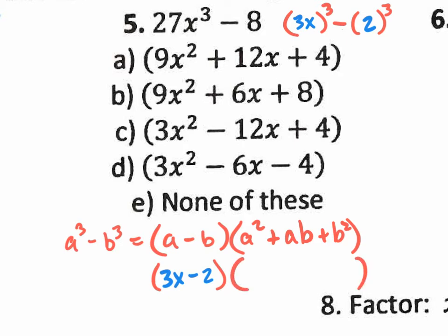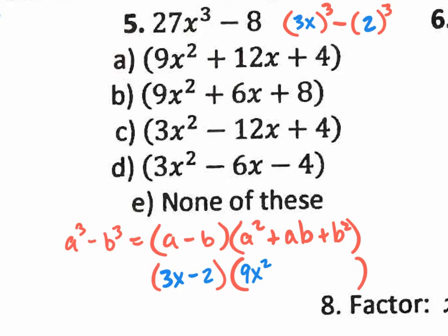Do you guys want to try to do this in our heads instead of doing it in parentheses? Okay, what would a in parentheses squared be? Try to think of it in parentheses in your head. So you'd have 3x in parentheses squared. What's 3x times 3x? 9x squared. How about a times b?